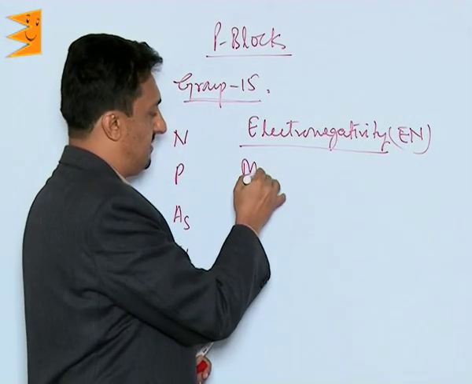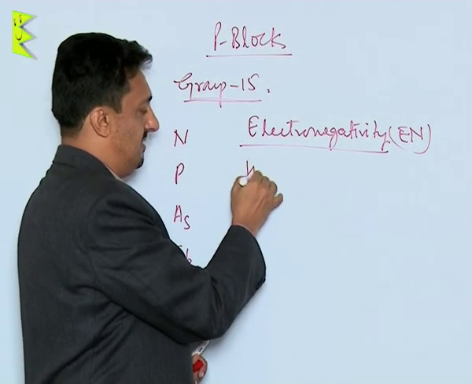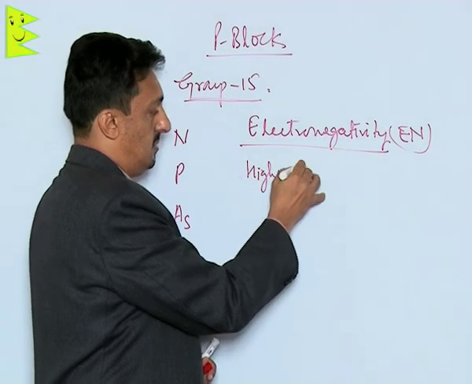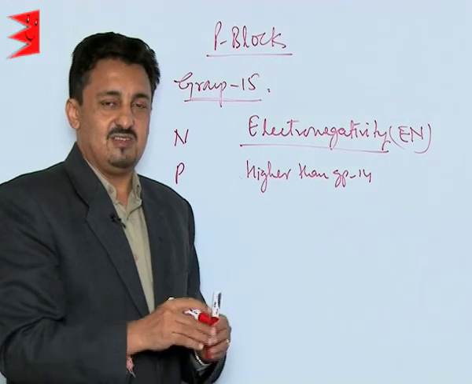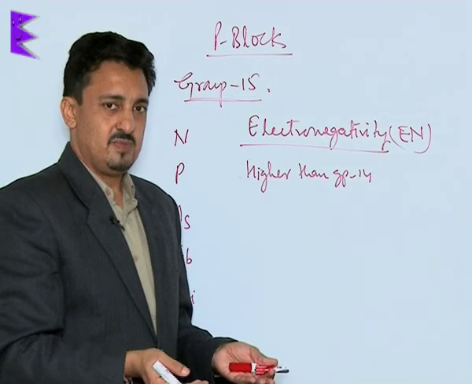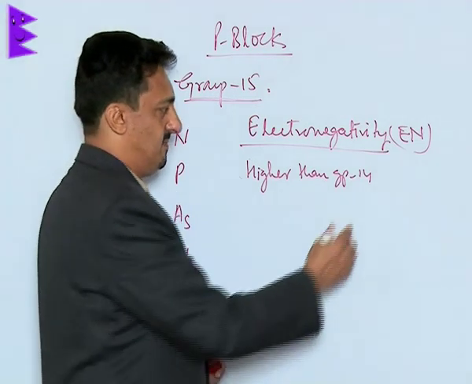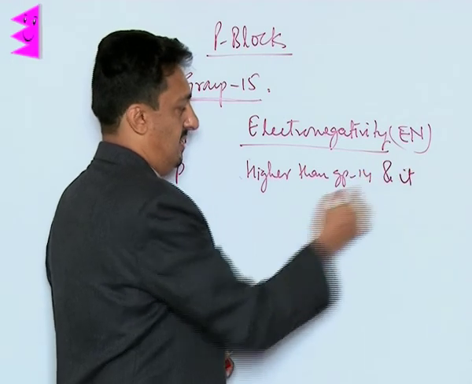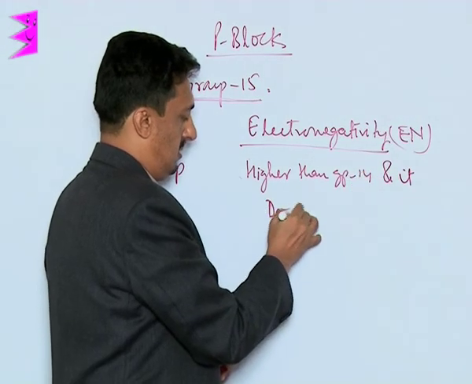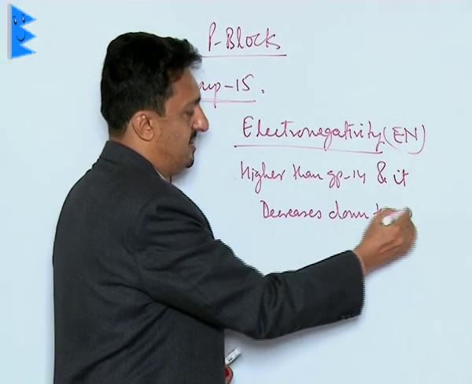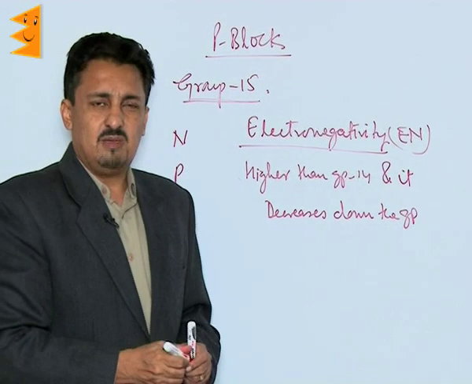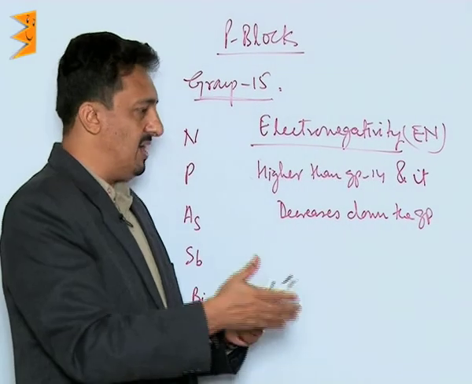So it's higher than group 14 because they are smaller in size with higher ionization enthalpies and higher affinities for electron, and it decreases down the group. So these are the general atomic properties which we are comparing with group 14.